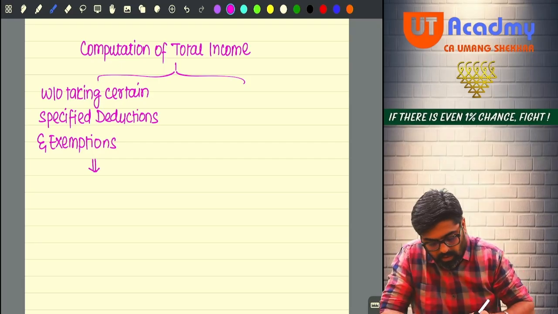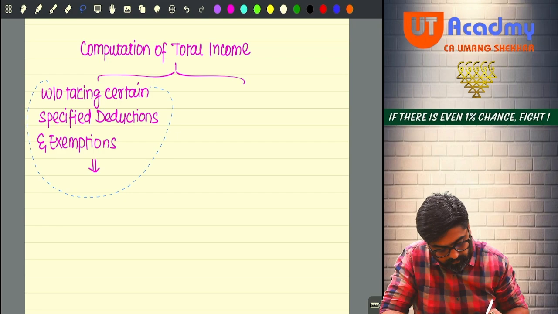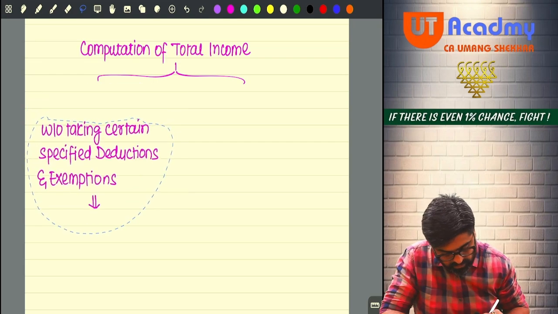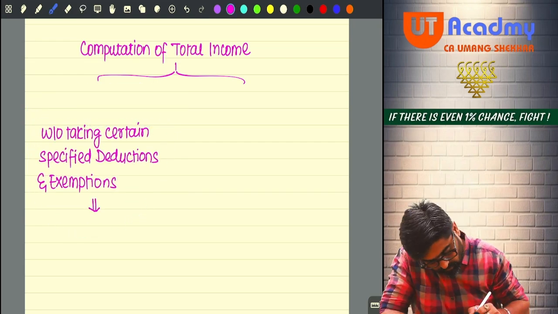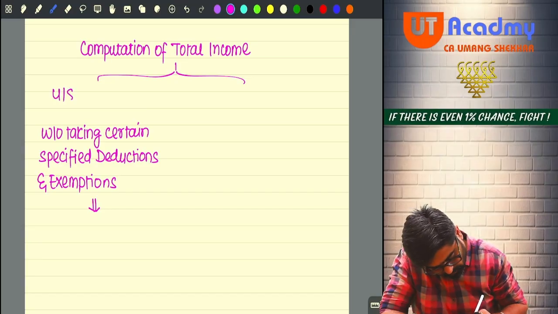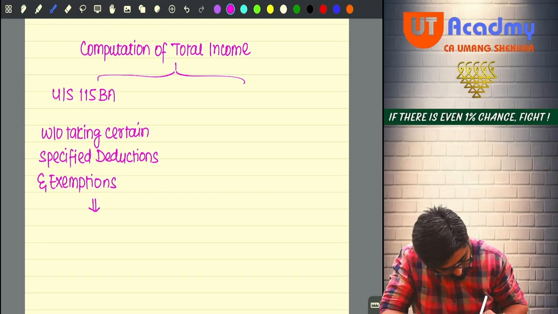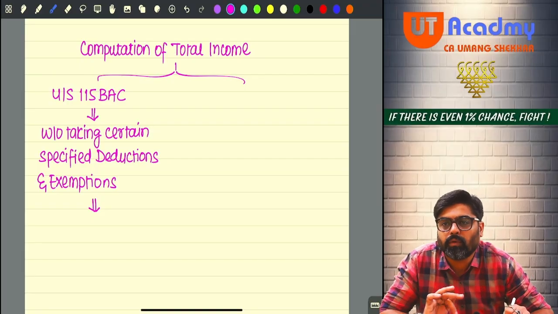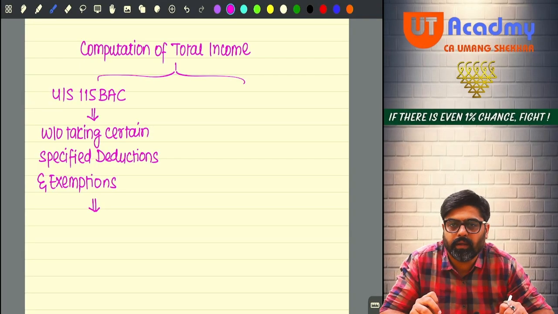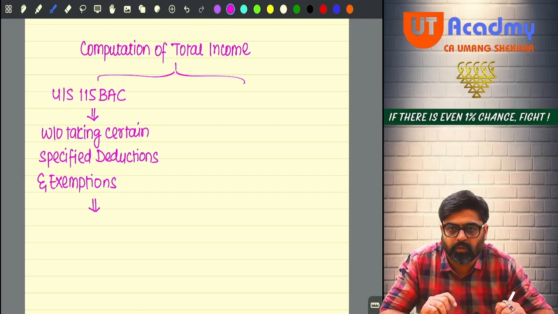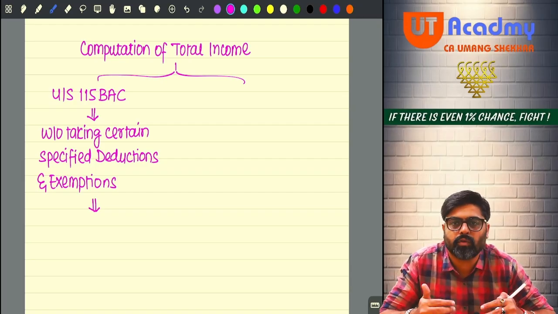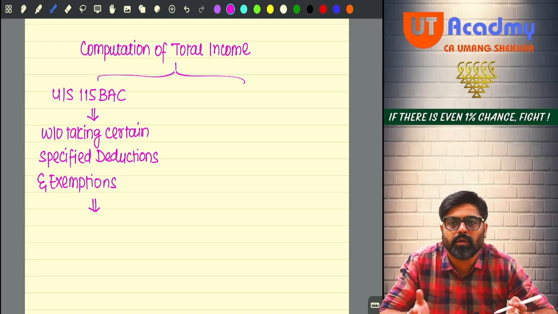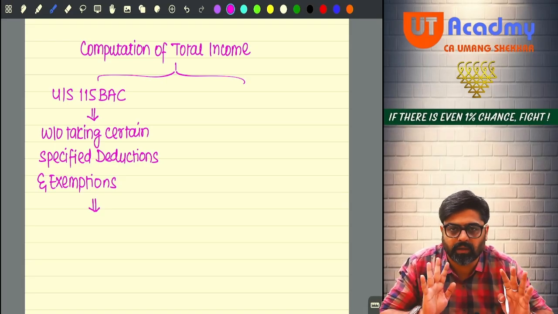So under section 115 BSE, they are telling you to compute the total income without taking certain specified deductions and exemptions. Which are those deductions? Which are those exemptions? The list is given. We'll see that list.